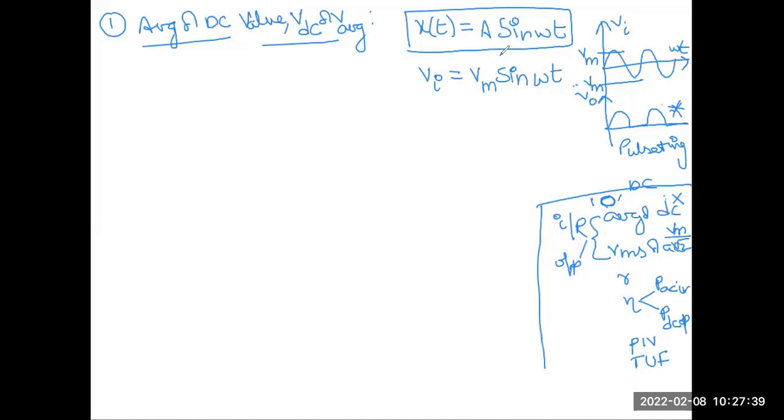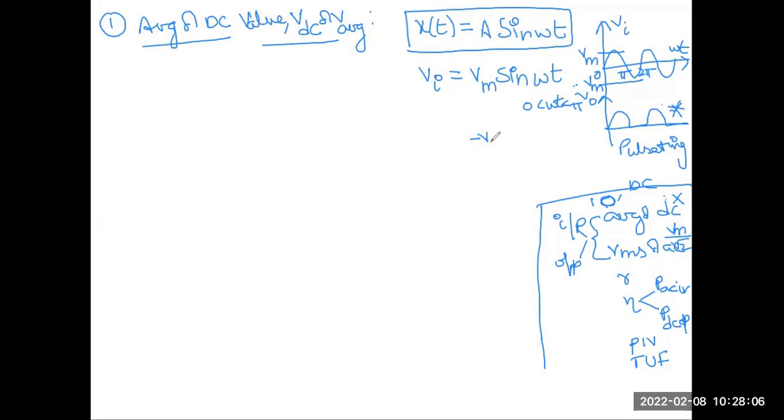Now, for what period is it? Is it for 2 pi? No, 0 to pi, where Vm is the maximum. Yes, that is what you have to write. So 0 less than omega t less than pi, for this period it is Vm sin omega t.